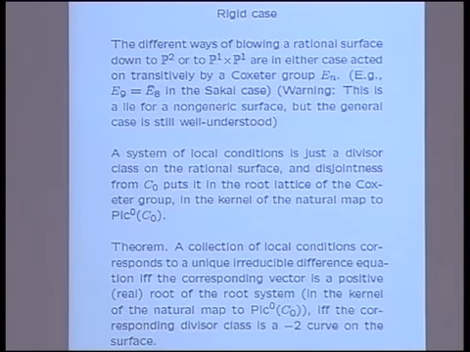And more geometrically, they correspond to -2 curves on your rational surface. So this question of classifying rigid difference equations boils down to a completely geometric thing of classifying curves of a particular kind on this surface. And again, I should say, given a collection of local conditions, finding the -2 curve and turning it into a matrix are both very easy, completely algorithmic things you can do.